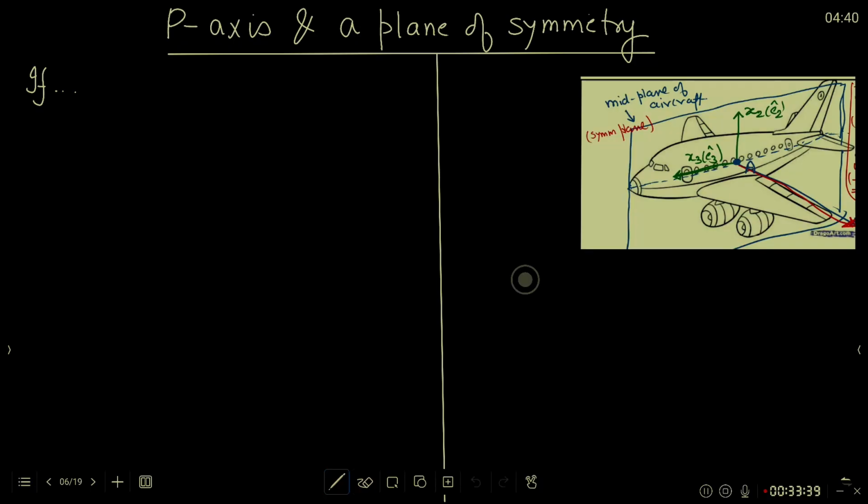How to identify a p-axis when the body has a plane of symmetry? Let's consider this diagram. This is a picture of an aircraft.